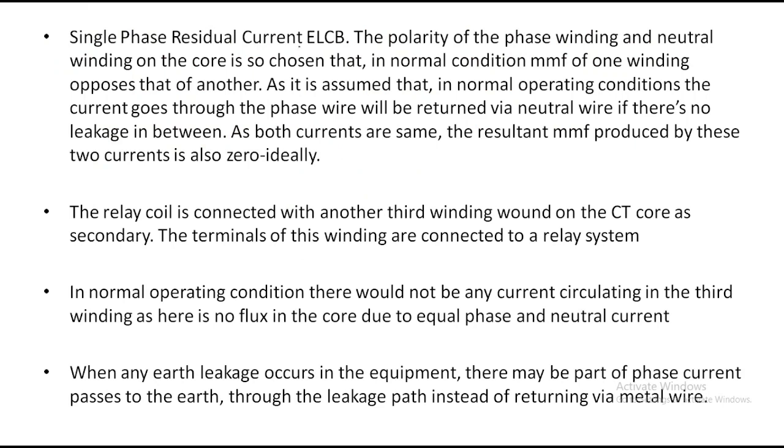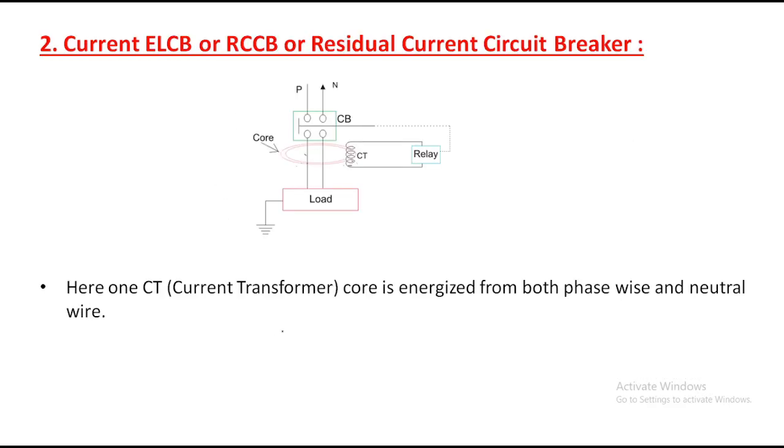In a single phase residual current ELCB, the polarity of the phase winding and neutral winding on the core is chosen so that in normal condition the MMF of one winding is opposite to the other. Generally, whenever a current flows through a wire, a magnetomotive force is generated.